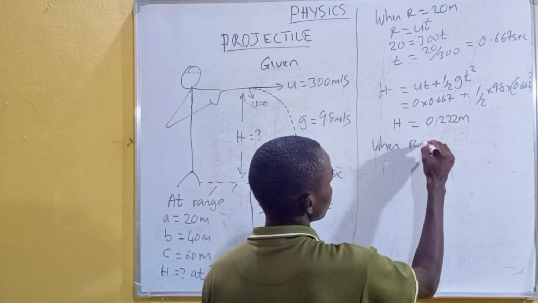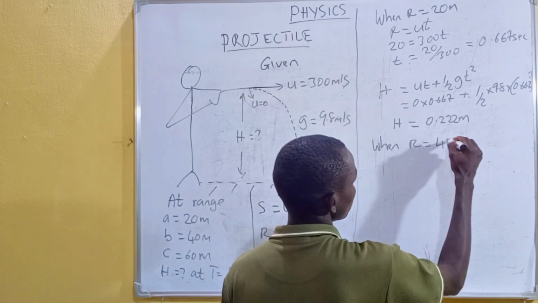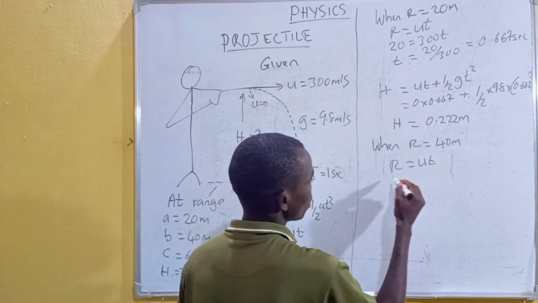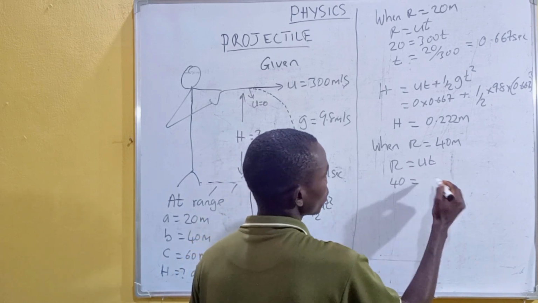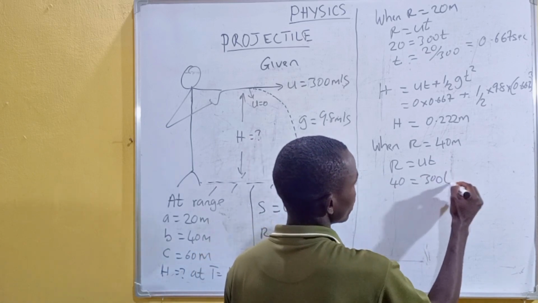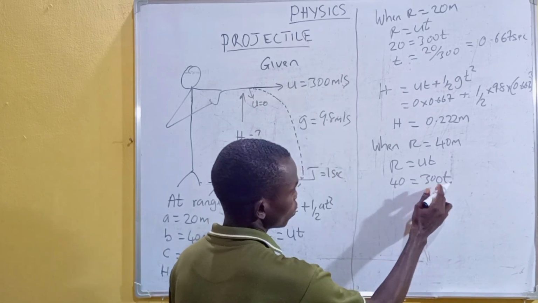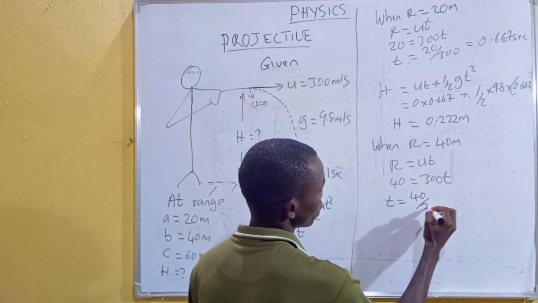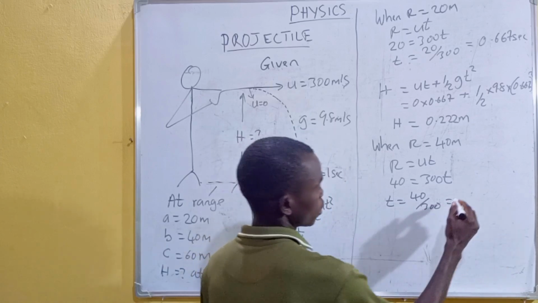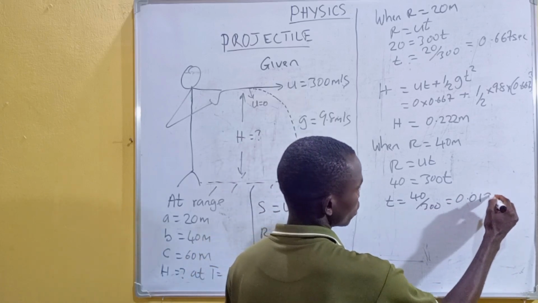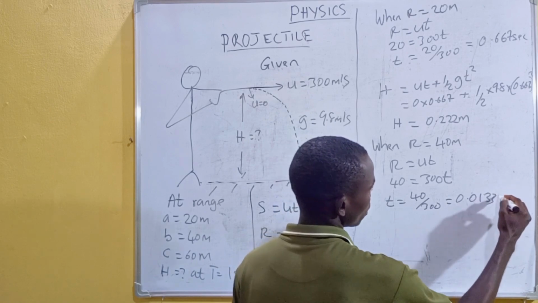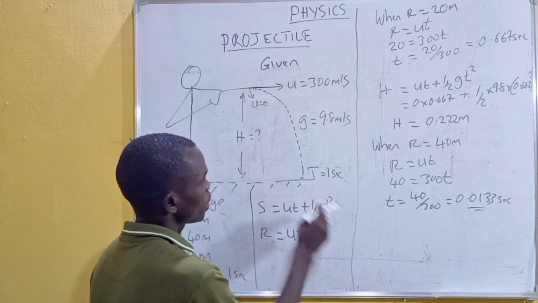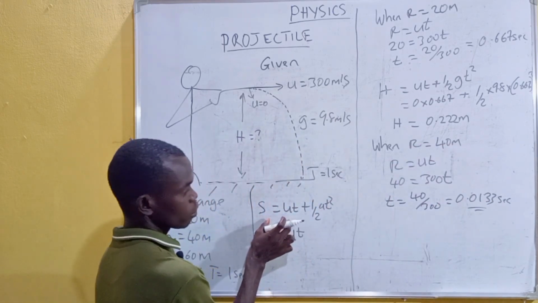When range is equal to 40 meters, range is equal to ut, which is 40 equals 300 times the time. So when you make t the subject of the formula, t is equal to 40 divided by 300, which is equal to 0.133 seconds. For us to find the height at range equals 40, we make use of this formula.